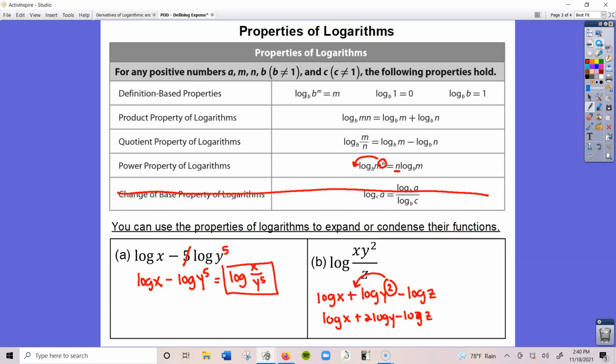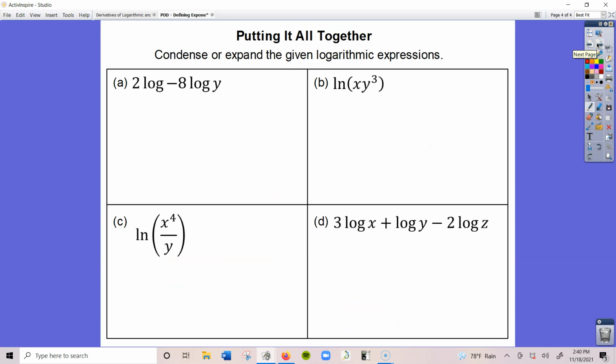Let's practice that a little bit more. We're going to either expand or condense depending on how the logarithm is written. So here we got 2 log x minus 8 log y. The numbers here are exponents, so I'm going to condense. This 2, I'm going to make it the exponent of x, and the 8, I'm going to make the exponent of y.